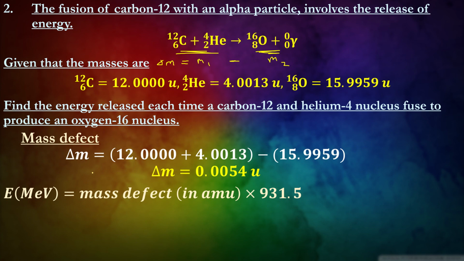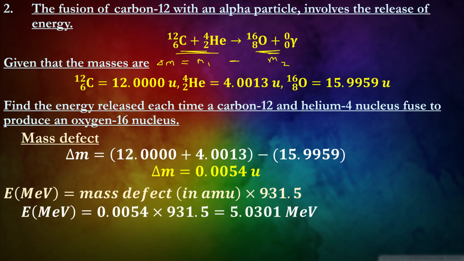In the next step, the energy release is the mass defect times our number here again, and that equals 5.0301 mega electron volts. Convert that into joules, that's the value we get here. So that's a demonstration of how mass defect in a nuclear fusion reaction will release the energy that we're witnessing in these calculations here.